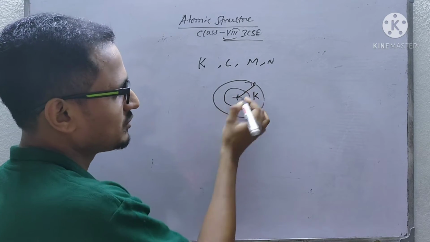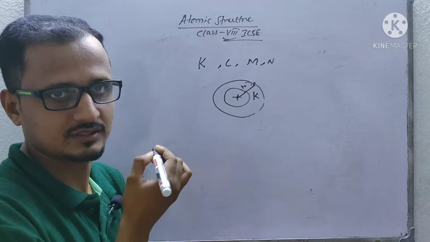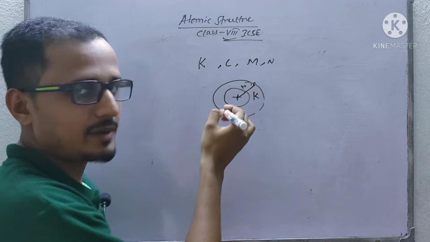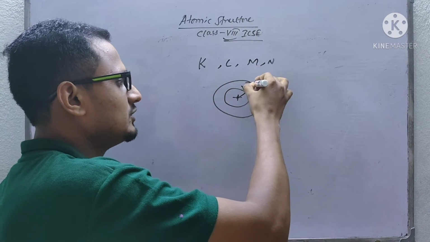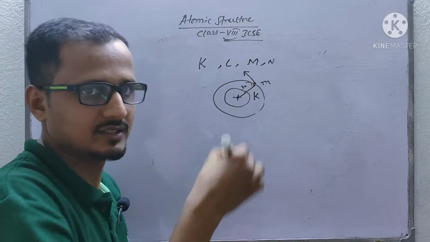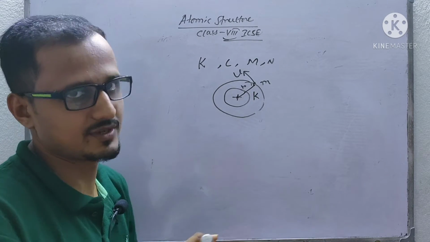This electron will have a radius, that means the distance from the nucleus to the electron. As it is a particle, it will have a mass, m, and it will have a velocity because it is rotating. The velocity will be tangential to this circular orbit.